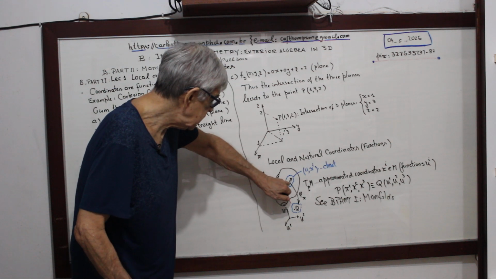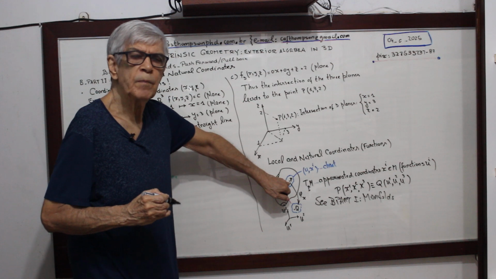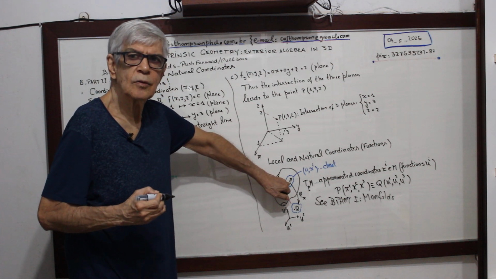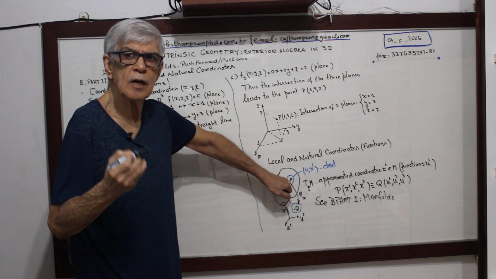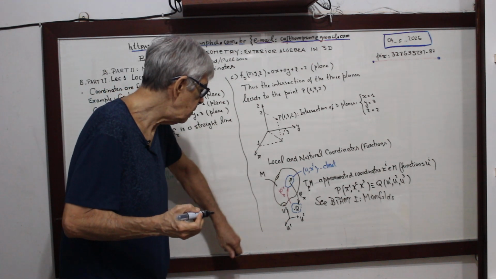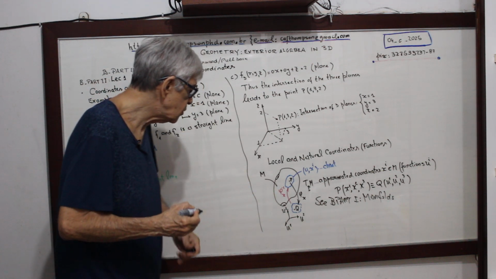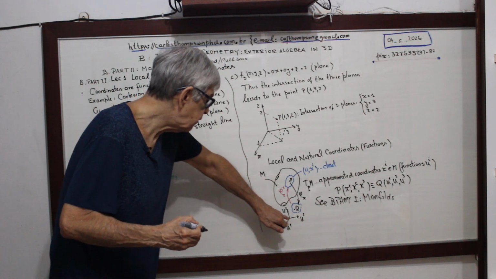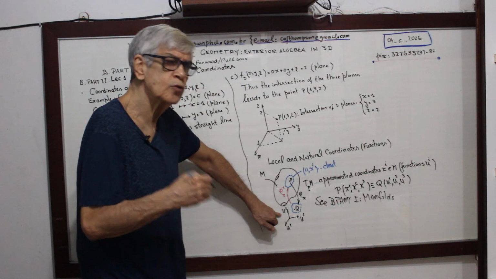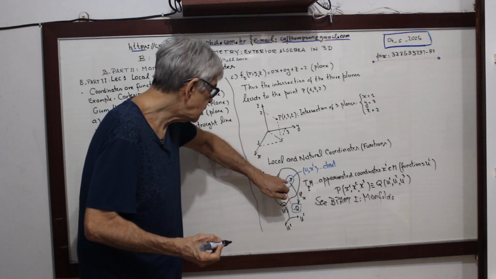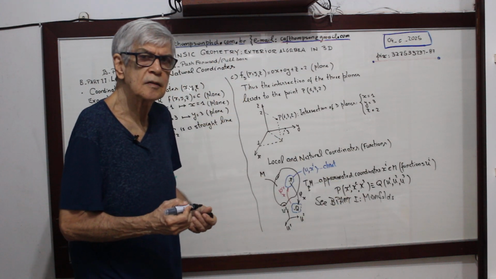Then I have a point P. I created this point P using a function, gamma of lambda, where P is for lambda equal to 0. Then I also define this as a fantasy. You see, Ui are called natural coordinates. Xi are called local coordinates.